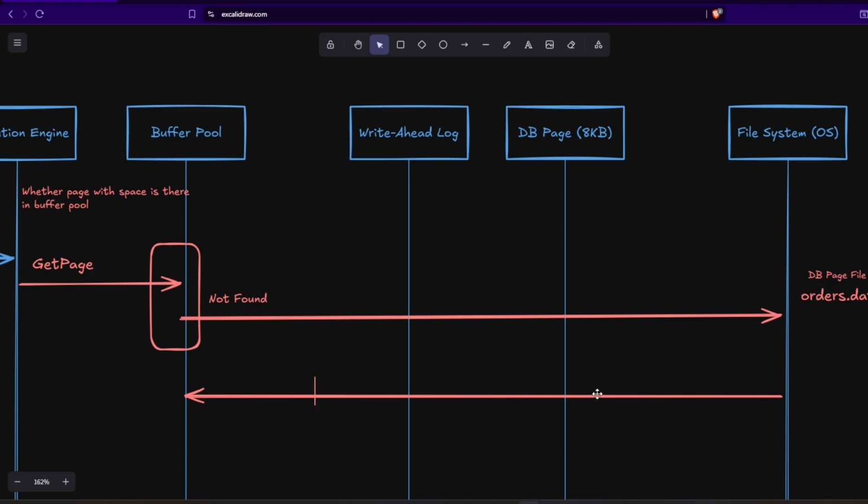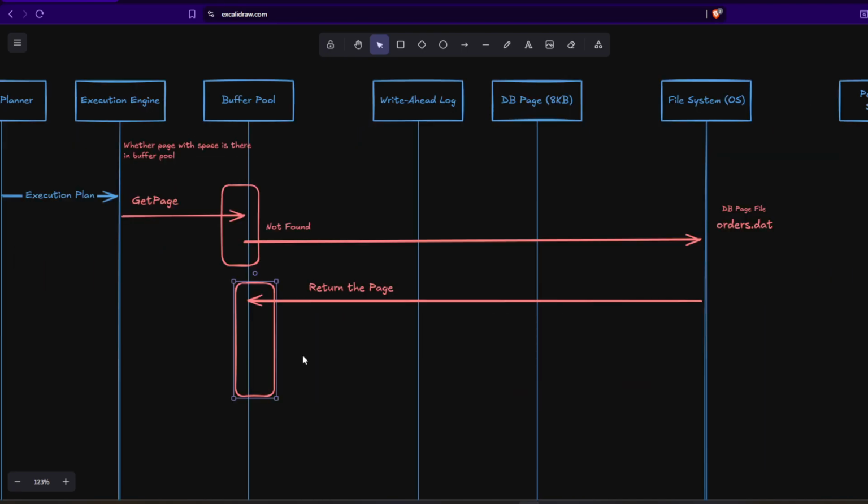So this will return the page, and because it will be acted upon, the buffer pool will be holding this particular page. Now that the execution engine knows that the buffer pool has this page where it can update, it will start issuing the actual insert into.